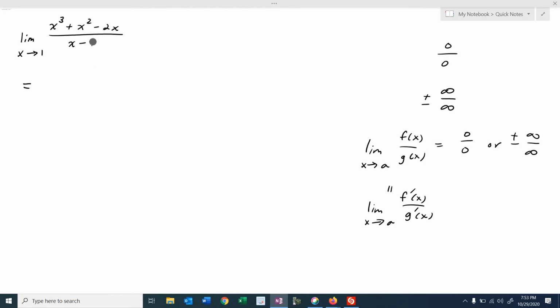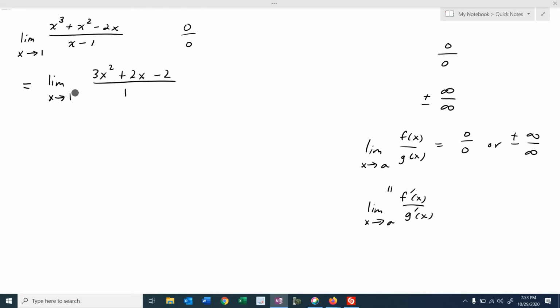Okay, so what it says for us here is that since it's giving us an indeterminate form of 0 over 0, we can evaluate this limit by looking at the limit as x approaches 1 of the derivative of this top polynomial, which is 3x squared plus 2x minus 2, divided by the derivative of this bottom polynomial, which is just 1.